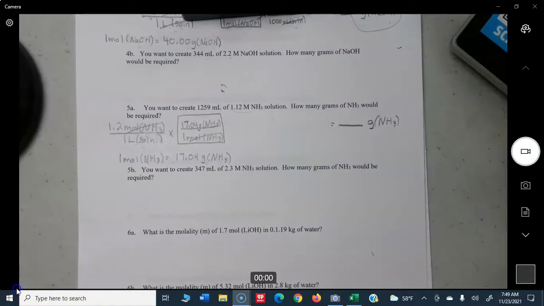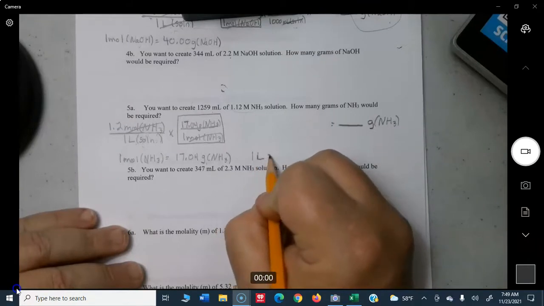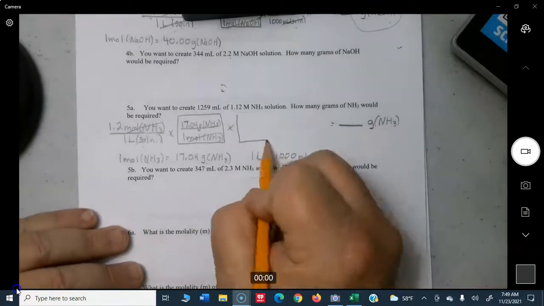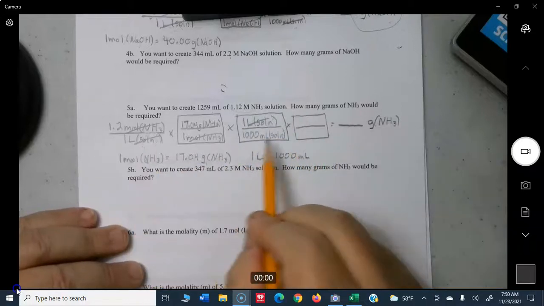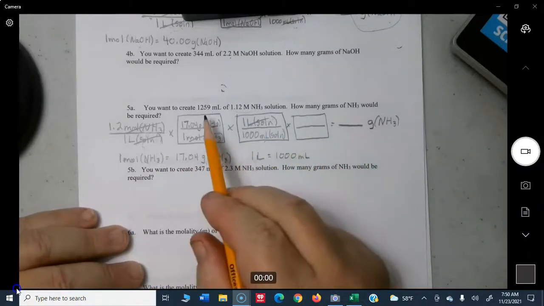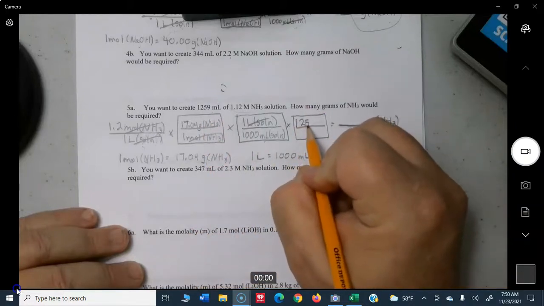Now we need to take care of the bottom, and we do it exactly the same way as we've been doing it. Now we have milliliters solution on the bottom. We need it to go away, so we're going to put this up on the top.